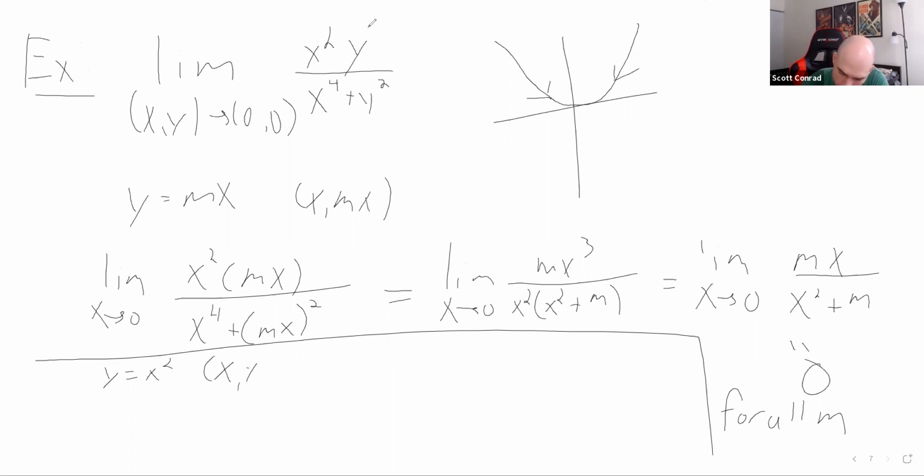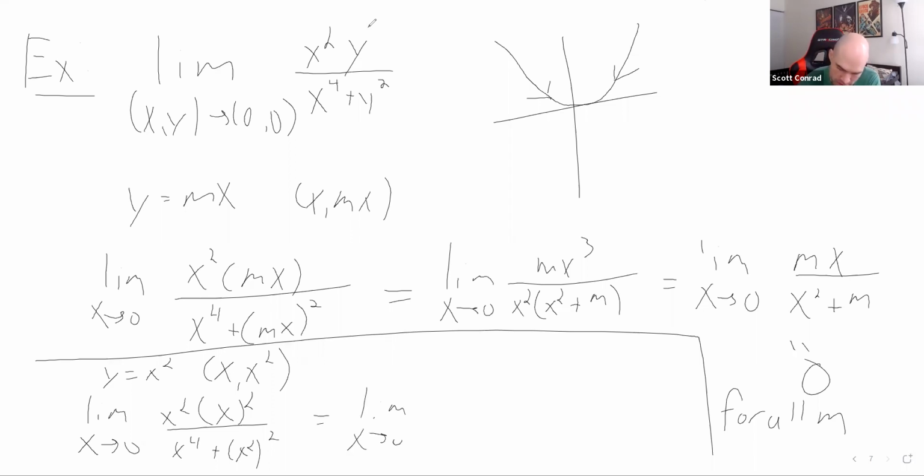For points on y equals x squared, x is equal to x, y is equal to x squared, and we take x to 0. So when we sub that in, we get the limit as x goes to 0 of x squared times x squared over x to the 4 plus x squared quantity squared.